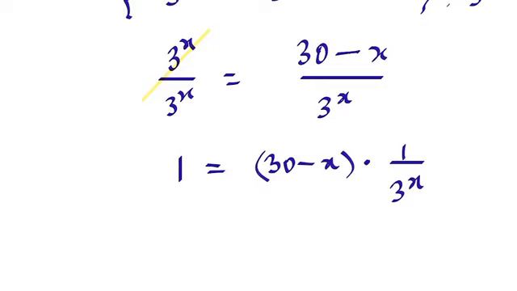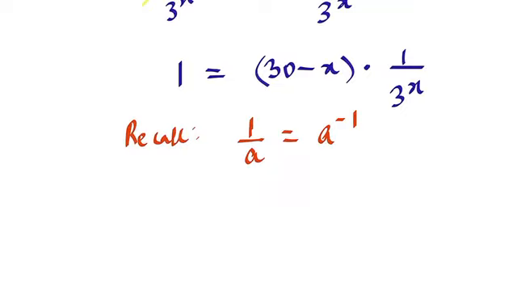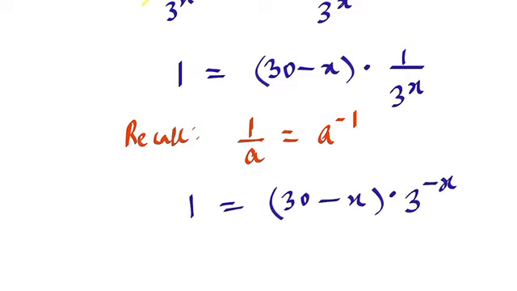Now I would like you to recall from the law of indices: when you have 1 over a, this will be a to the power of minus 1. So from there, you're going to have 1 equals 30 minus x, then multiply by 3 to the power of minus x.